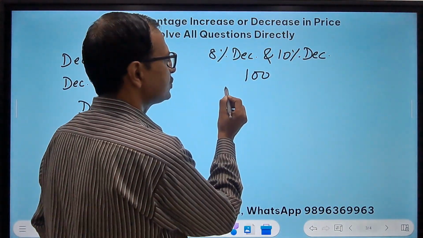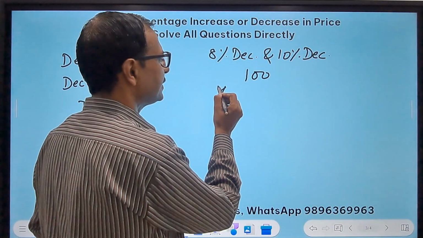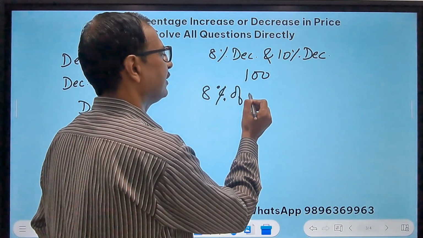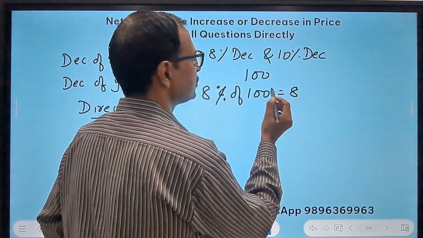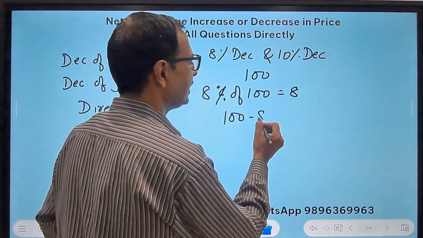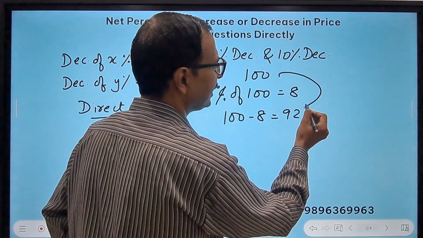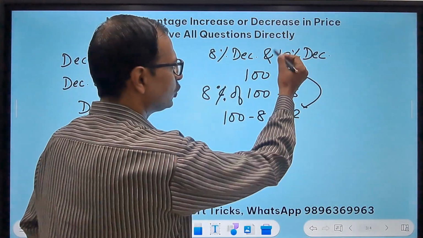Initially it was 100, so 8% of 100 is 8 itself. So 100 becomes 100 minus 8, that is 92. So this is the first variation, and then we have to do 10%, right?